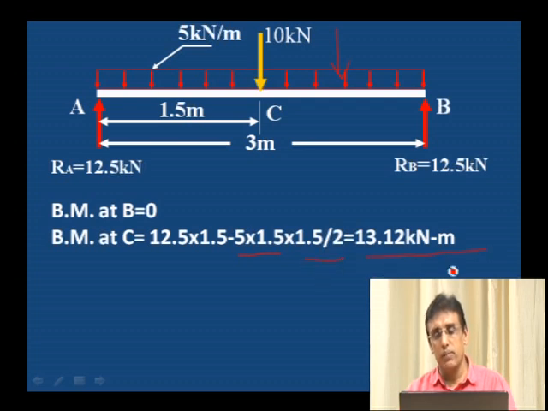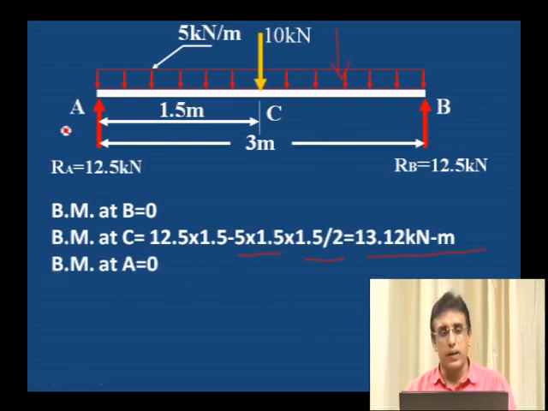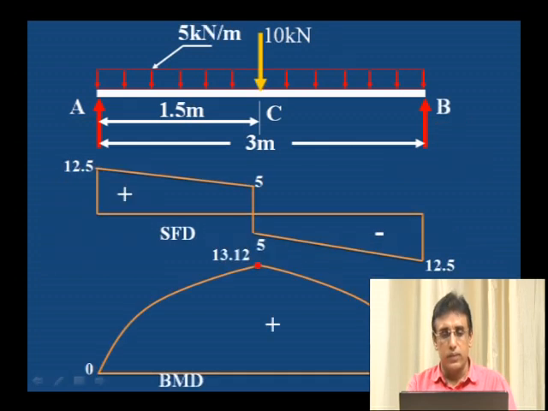Therefore, bending moment at C is equal to 13.12 kilonewton meter. Bending moment at A is 0. Bending moment at A and B are 0 and at the central point we have the value of 13.12 kilonewton meter.